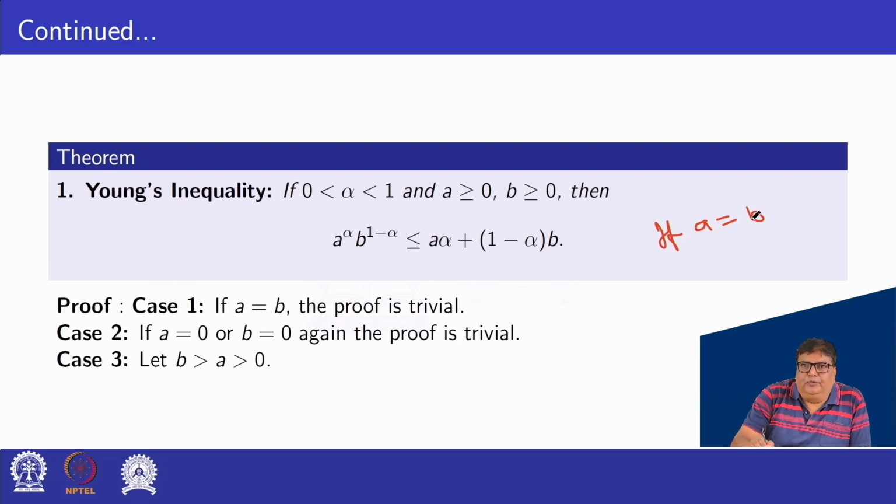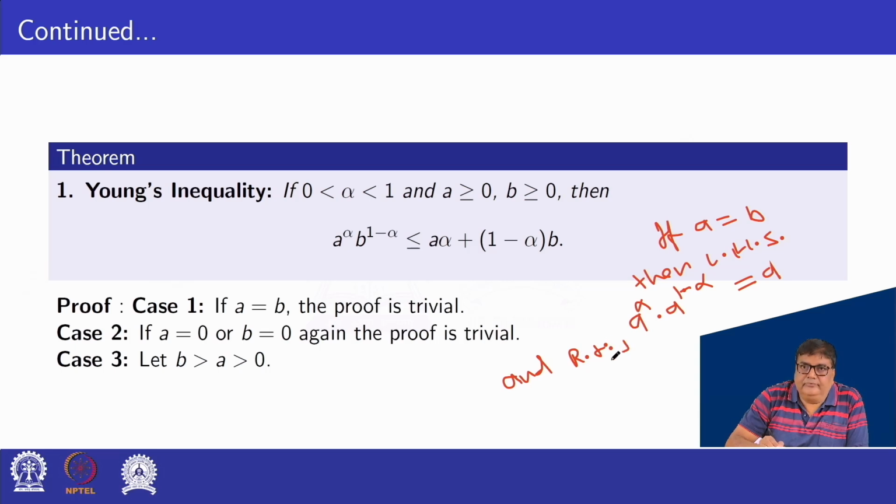If a is equal to b, then the left hand side is a to the power alpha into a to the power 1 minus alpha, that is a, and the right hand side is a alpha plus 1 minus alpha into a.